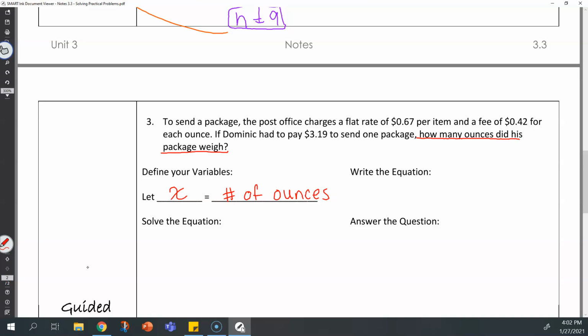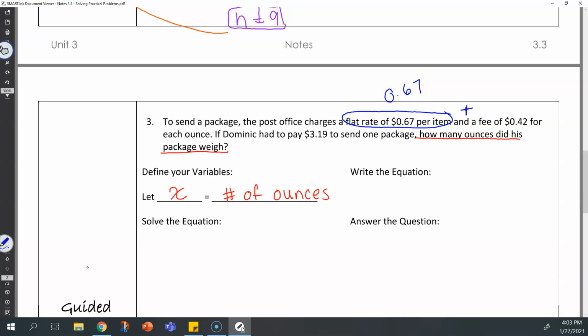Now that I have my variable, I can write my equation based on the information they give me in the question. So to send the package, the post office charges a flat rate of 67 cents per item. So he's only sending one item, and a flat rate means it doesn't change. That is your cost. So I've got 0.67, 67 cents.